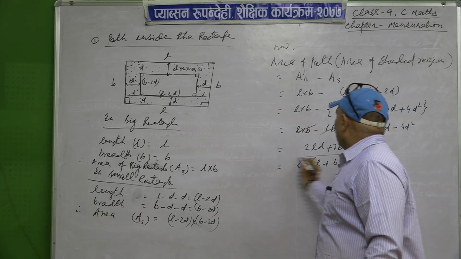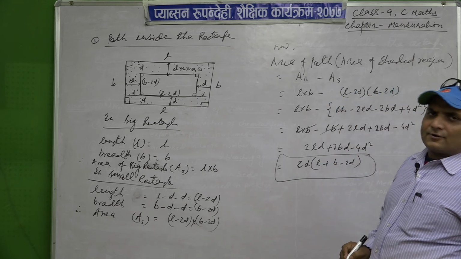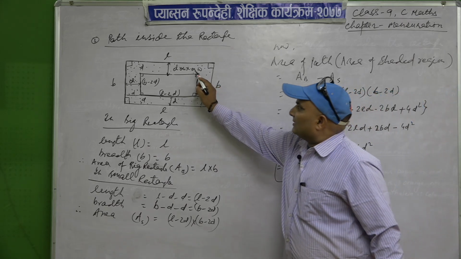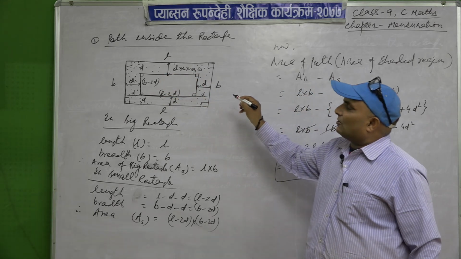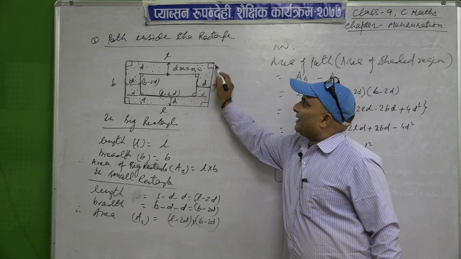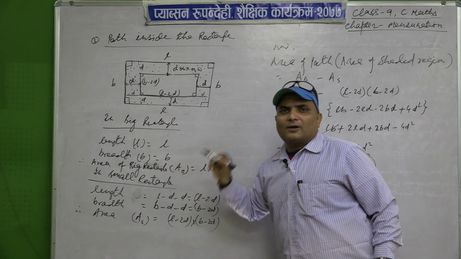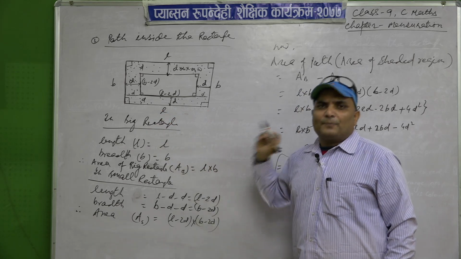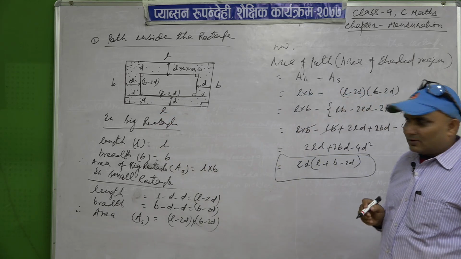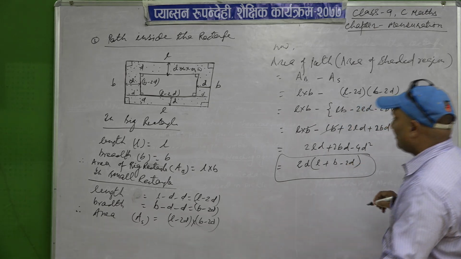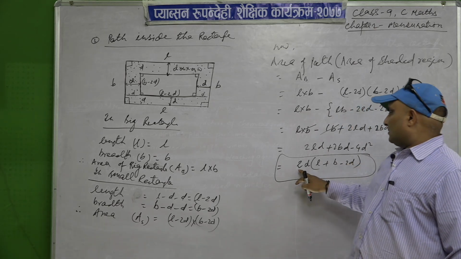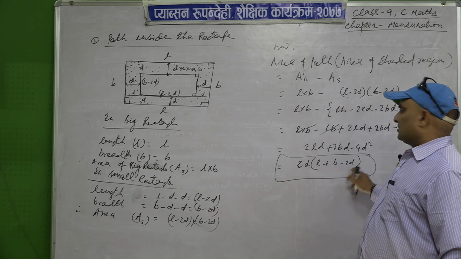So this will be the direct formula for finding the area of the shaded region or area of the path when the length and breadth of the outside rectangle or big rectangle is given. Okay, this is the formula for area of path, 2d into L plus B minus 2d.